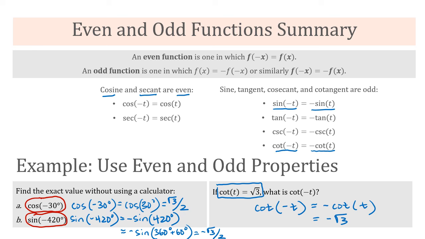Yes, you could. However, most people seem to find working with positive angles a little bit more intuitive than working with negative angles. And so I would suggest that you give this a try, where you're basically always going to rewrite negative angles as positive angles using this even and odd property idea.